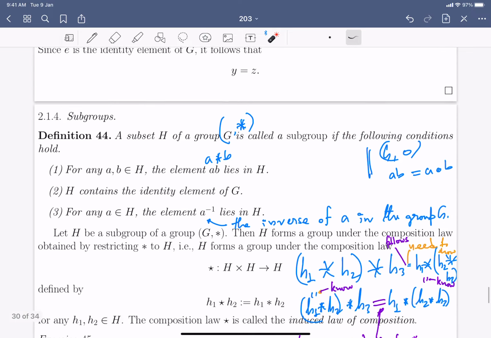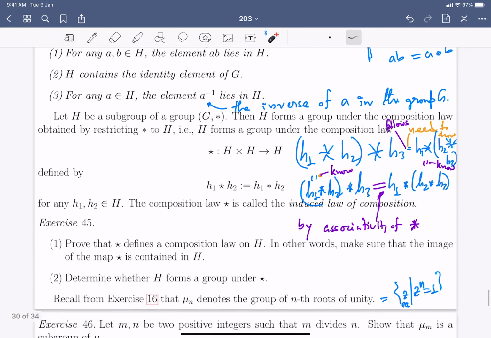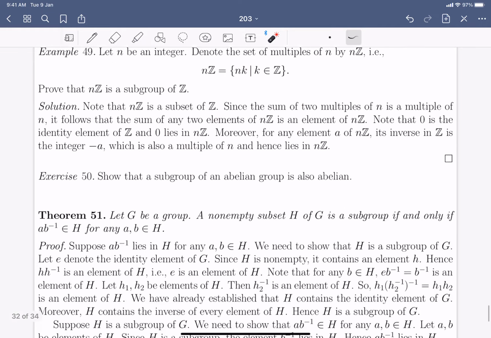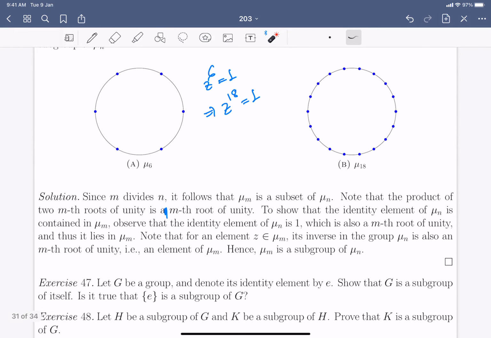Great. And now the third condition, which says that for any A inside H, the element A inverse lies inside H. That is something you already know, because if you pick an element z from mu m, this is an mth root of unity, so we know that z power m equal to 1, right?